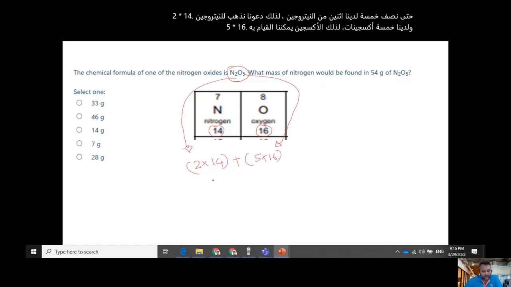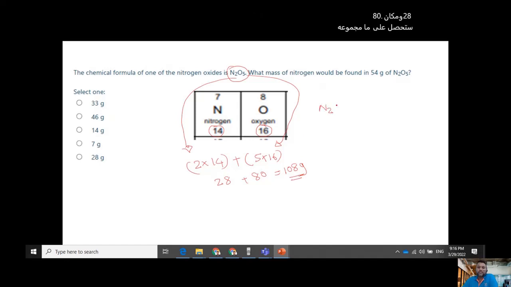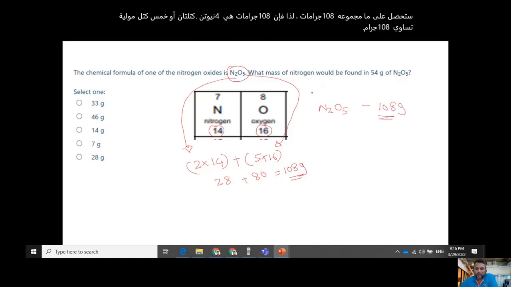So this is 28 plus 80, you'll get a total of 108 grams. So 108 grams is for N2O5. Molar mass is 108 grams. Okay, this is the molar mass of N2O5.